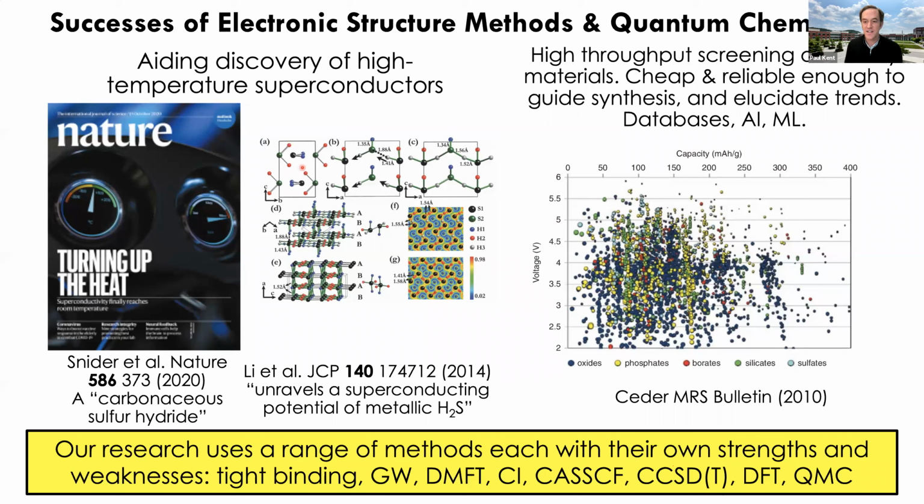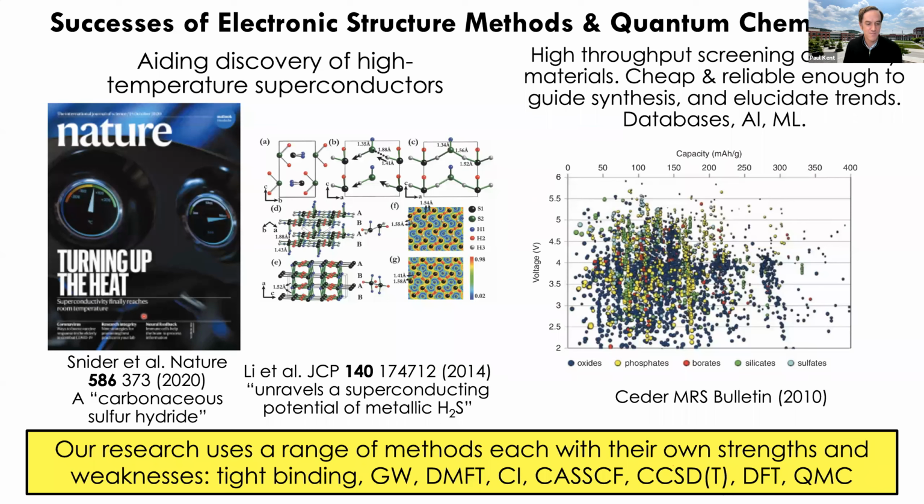And I've shown a couple of examples here, just for brevity. These are in the materials space. We could do the same thing in chemistry as well and spend many slides going through these. So first here on the left, I've got an example of a prediction of a relatively exotic property. We probably all saw the news last year of the claim of experimental measurement of room temperature superconductivity, although of course, unfortunately not at room pressures.